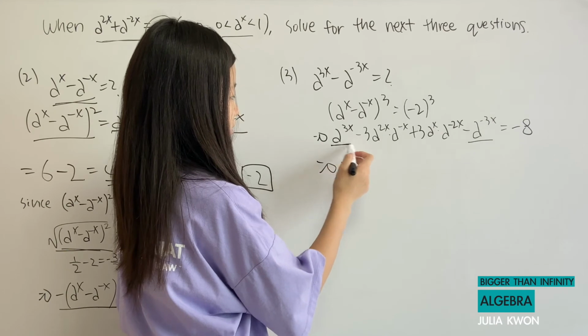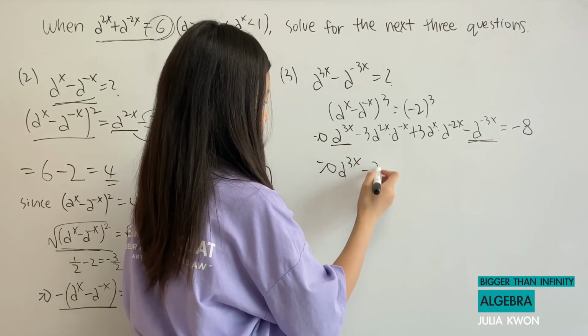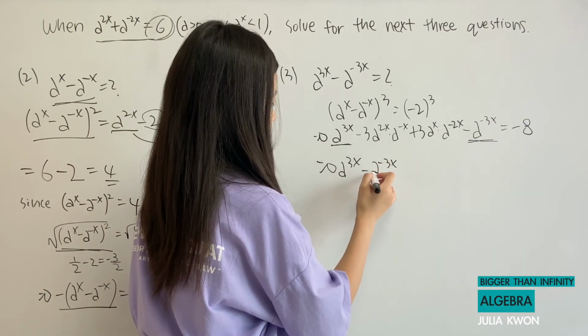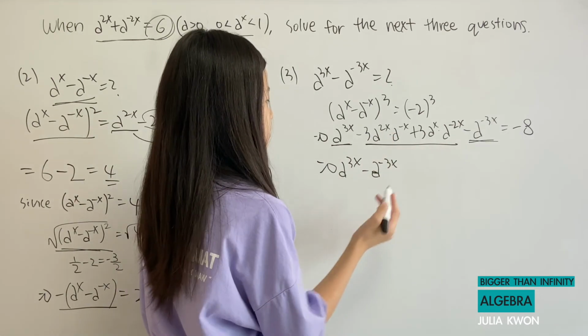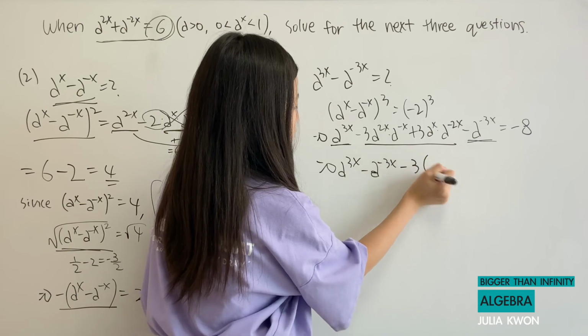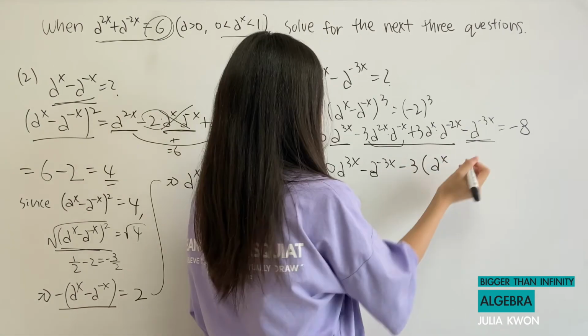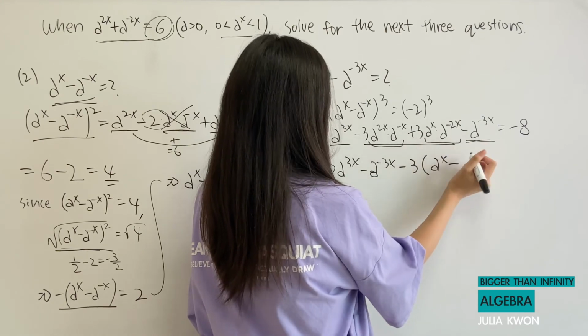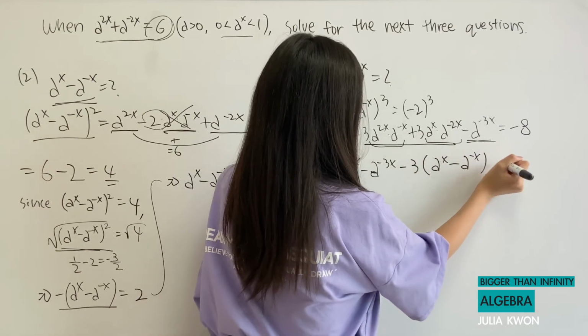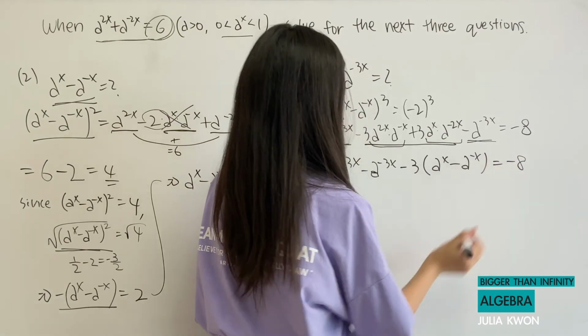And so if we write this and this together on the left side of this equation, we're going to factor this with -3, a to the power of x minus, if we multiply these two together, we get a to the power of -x, which is equal to -8.